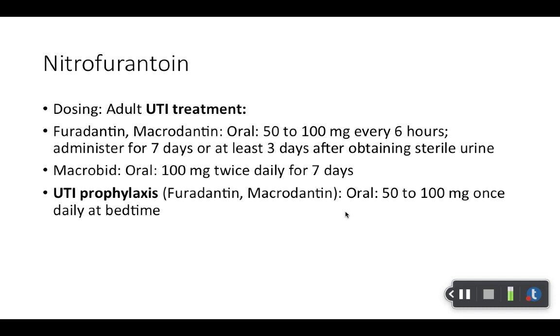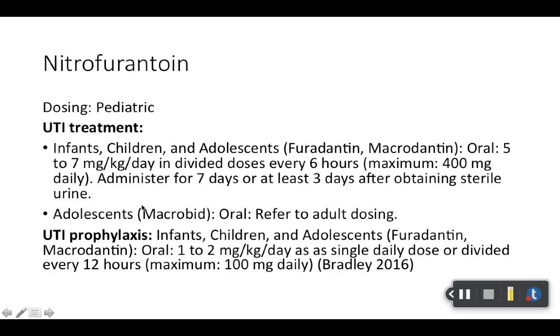But like I mentioned earlier, if you look at the Beers criteria and the STOPP/START criteria, this is considered an inappropriate medication for an elderly population. Elderly is typically defined as being 65 years or older. You're supposed to avoid it for long-term suppression, so definitely something you don't want to use for UTI prophylaxis in an elderly population.